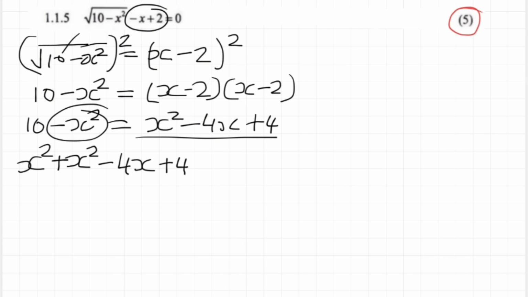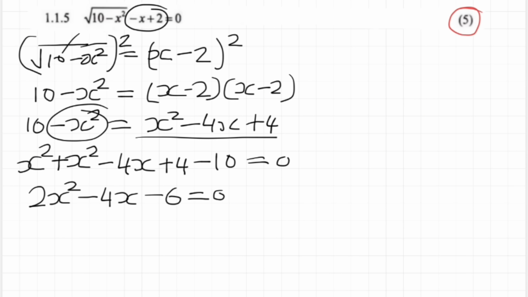I'm going to take this 10 to the other side. It's going to be minus 10, which is equal to 0 over there. Perfect. So from here on, x squared plus x squared is going to give me 2x squared minus 4x. 4 minus 10 is going to give you negative 6, which is going to be equal to 0.